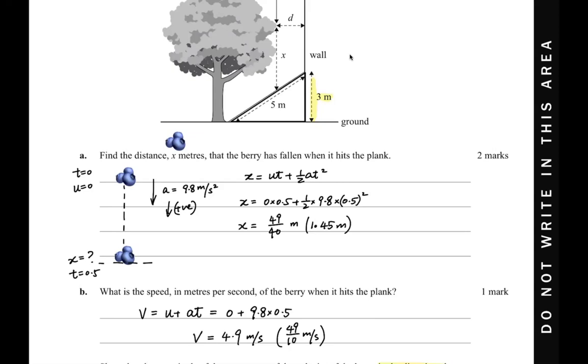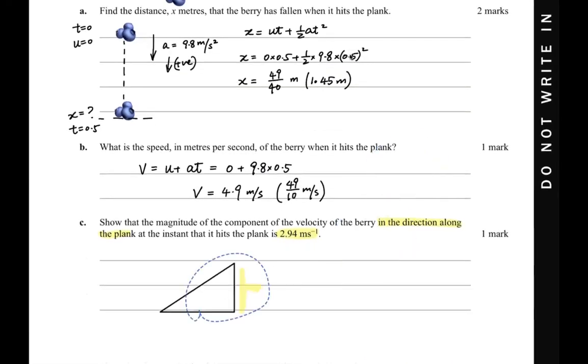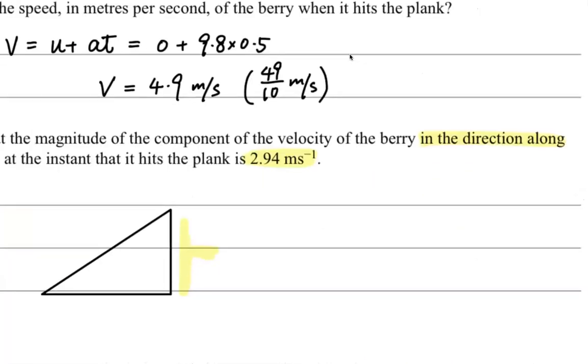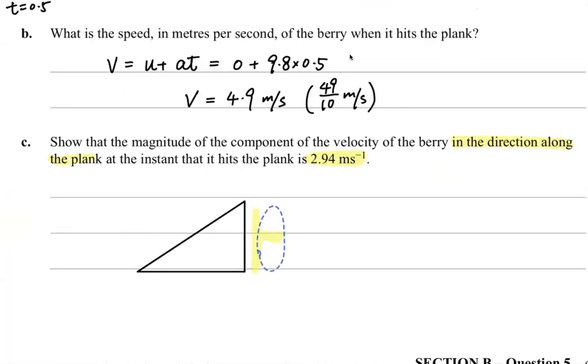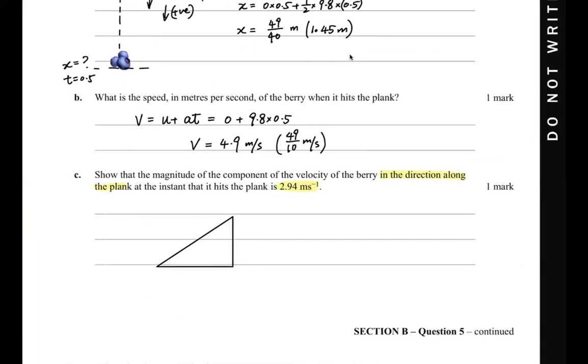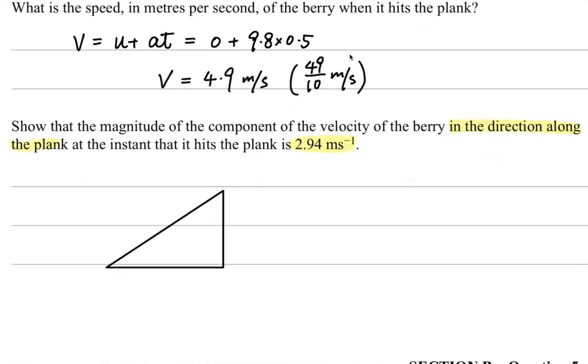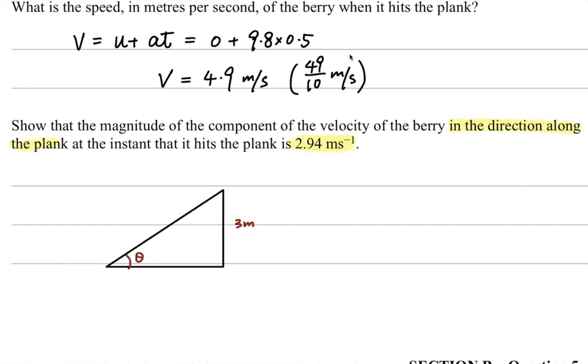Maybe the horizontal is 4. So this bit, 3 meters, theta, 5 meters.